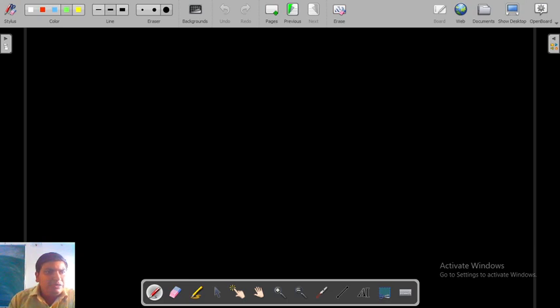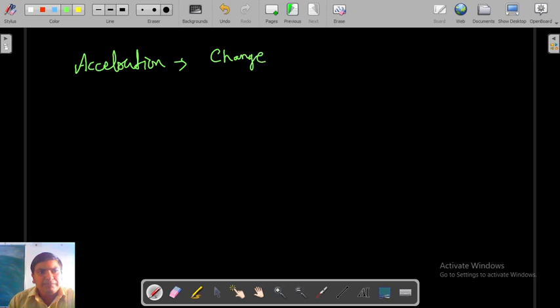So as we know that from the definition of acceleration, what we have, we know that change in velocity with respect to time.